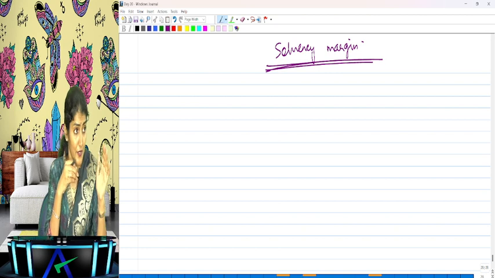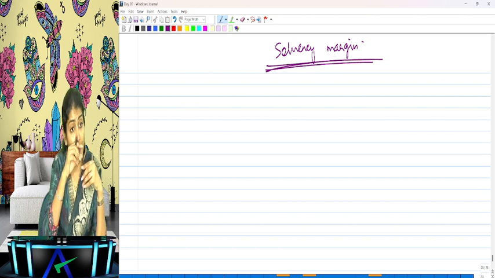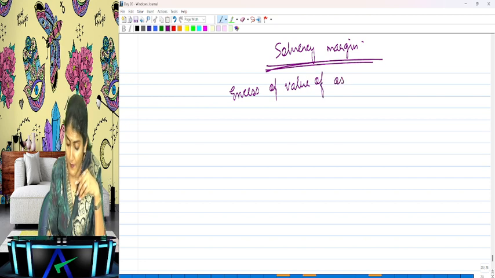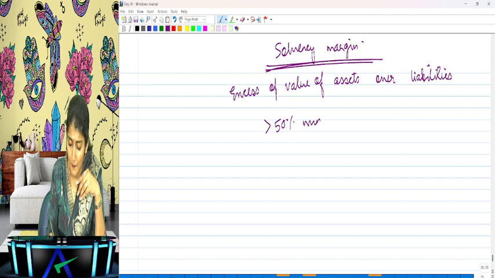Every insurer shall ensure that at any point of time or at all times during the year, it shall maintain an excess of value of assets over the amount of the liabilities, which shall not be less than 50% of the minimum paid up share capital of the insurance company.